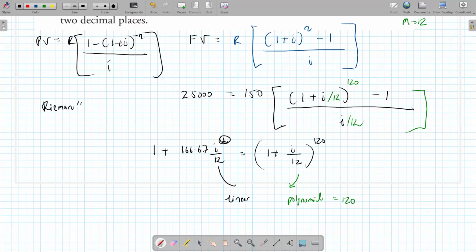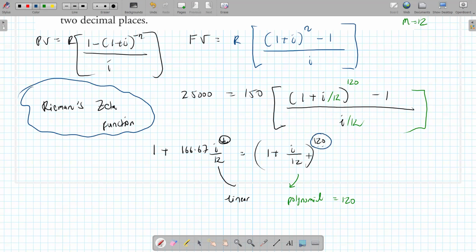Maybe this is for your own curiosity if you want to watch or Google this later. There's a function that allows you to combine linear functions like this with higher degree polynomials. 120, this doesn't really matter. This could be 10,000, but it allows us to combine these.